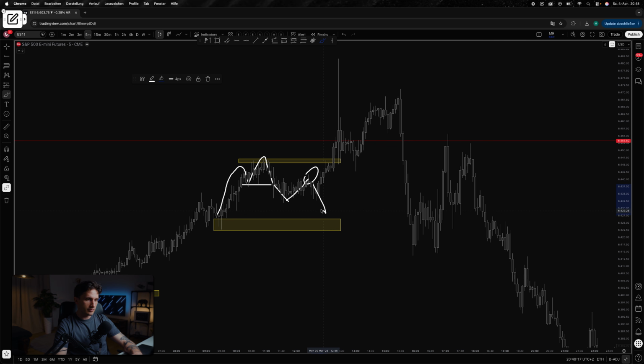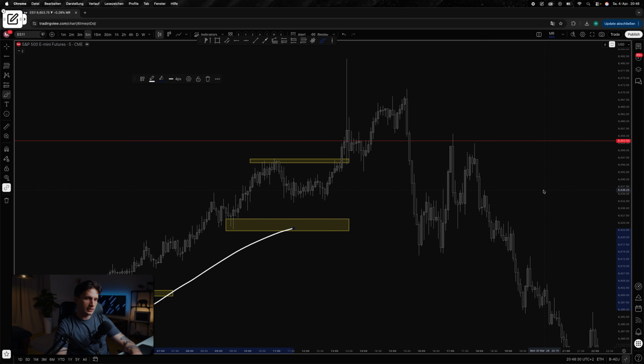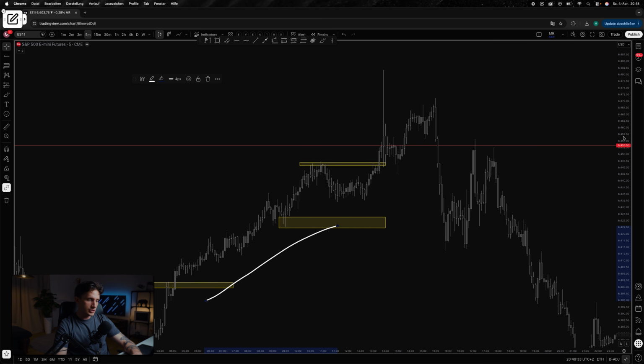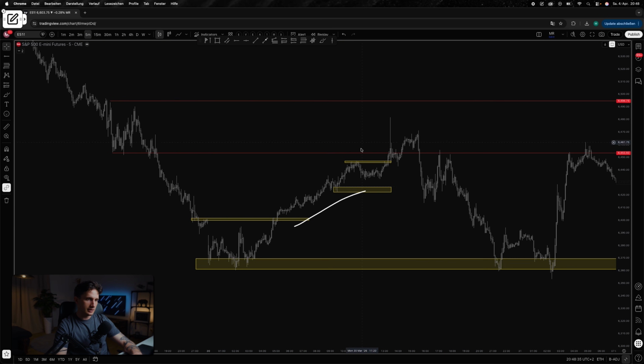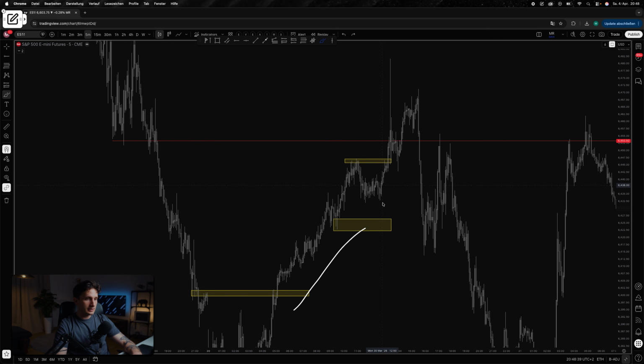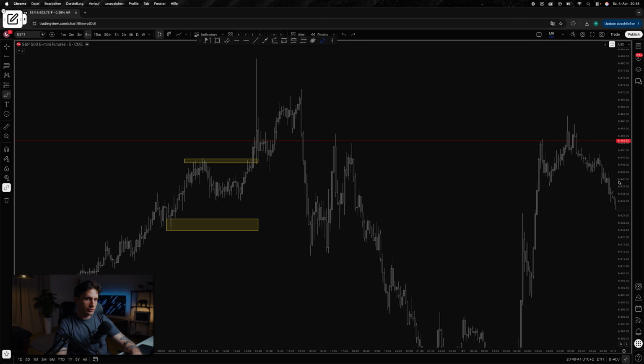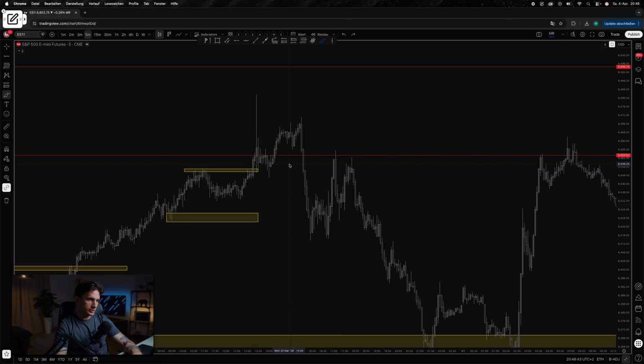And then they are looking here for their shorts to create a new lower low. But that's not true, because we are still trending to the upward side. If you're not sure, just zoom out and you can see we are just trending to the upward side. So that's not a smart way to look for short positions, right?